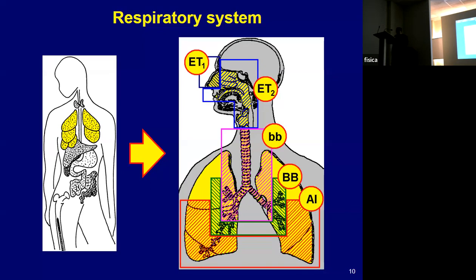This dosimetric model of the human respiratory system was proposed by ICRP, the International Commission on Radiological Protection, in publication number 66 in 1994.